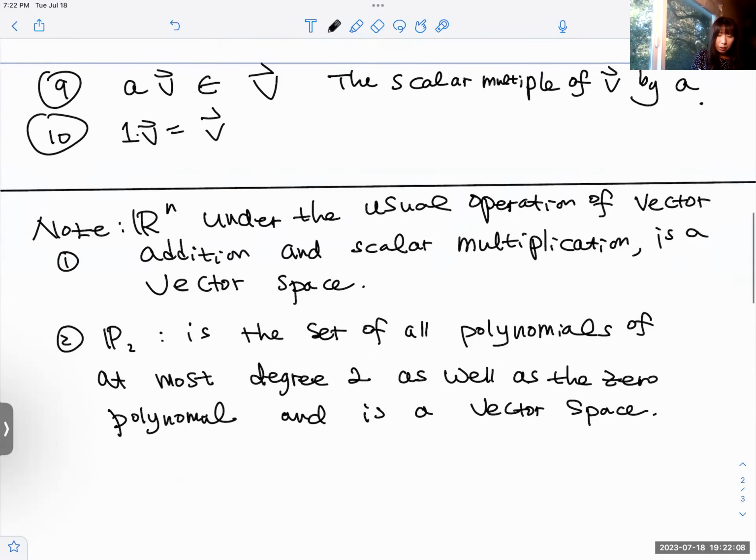So what is P sub 2? It looks like this: a sub 2 x squared, x to the second power, plus a sub 1 x plus a naught, such that a sub i is a real number for all i.